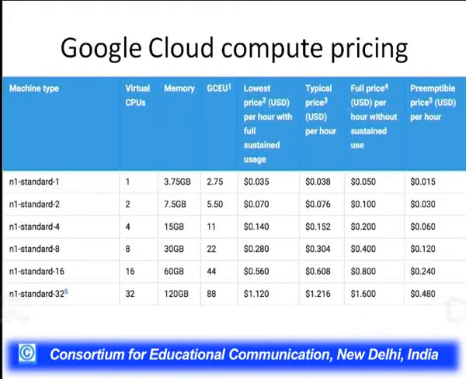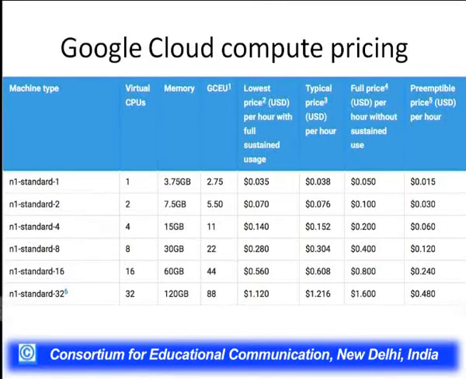Let's have a look at how Google is providing these services. Google also offers services depending upon the type of machines you are going for. They have N1 machines in the form of N1 standards: N1 standard 1, N1 standard 2, N1 standard 4, N1 standard 8, and so on. If we are going for an N1 standard 1 kind of machine, then we are going to pay around $0.015.